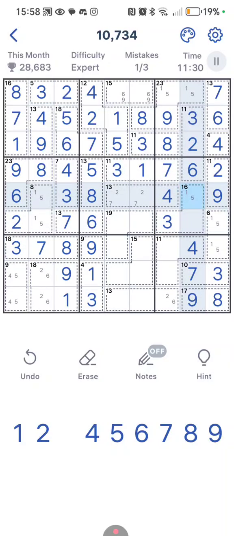Which means that this is 13. Can't be a 1, has to be a 5. 5, 1, 5. Oh, there's 1 and 5 as well. 3.